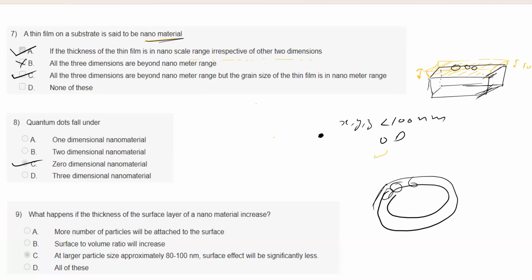More particles will be attached to the surface. Surface to volume ratio will increase. For larger particle sizes, surface effects will be less significant.